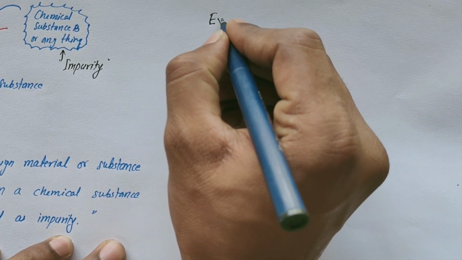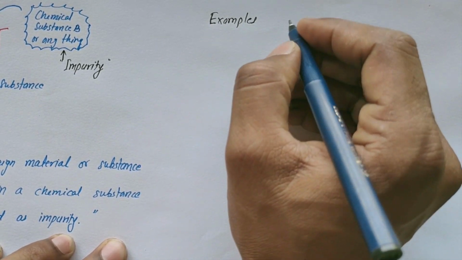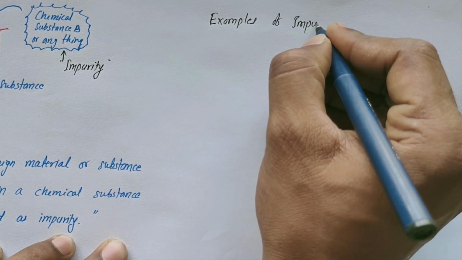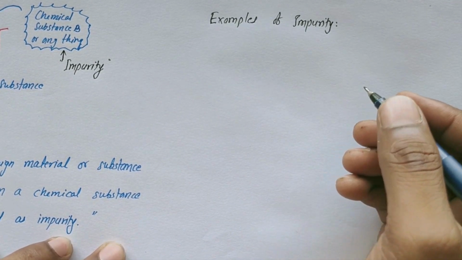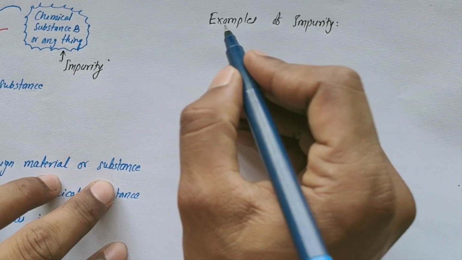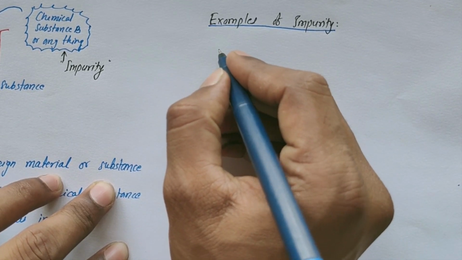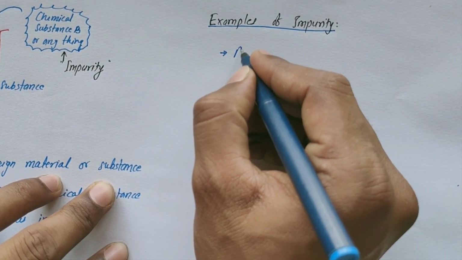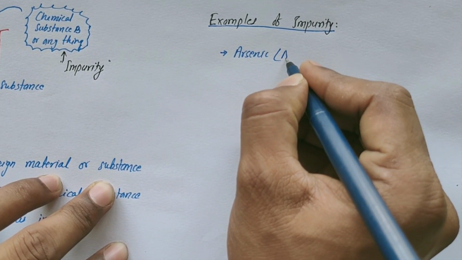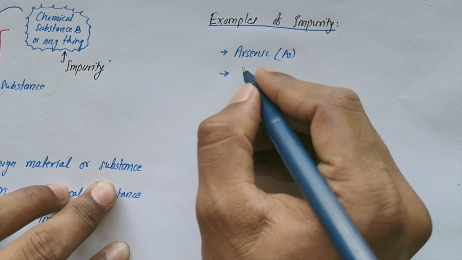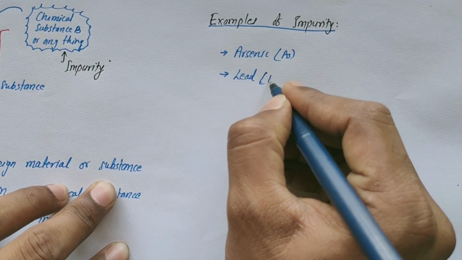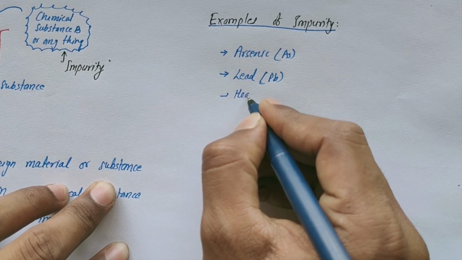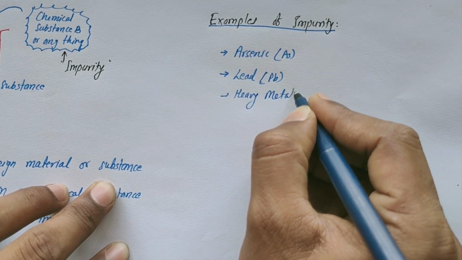Now we will see a few examples of impurities which are generally present in our pharmaceutical preparations. The examples are arsenic, As is the symbol for arsenic. Then lead, plumbum, Pb, that is heavy metals.